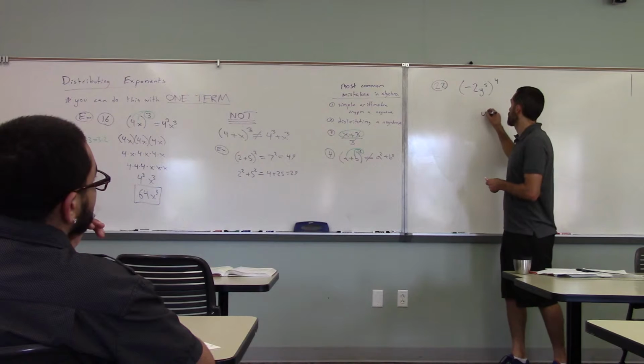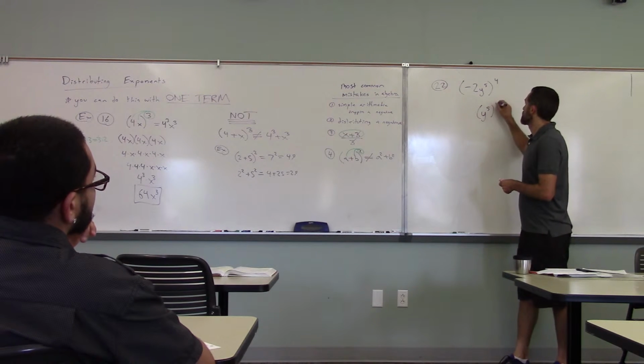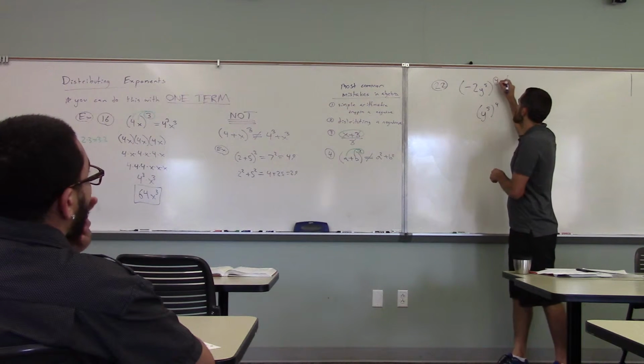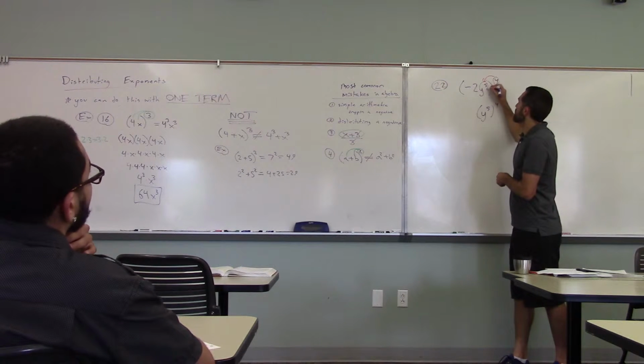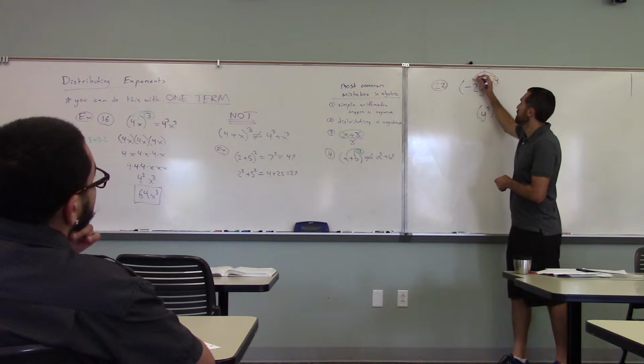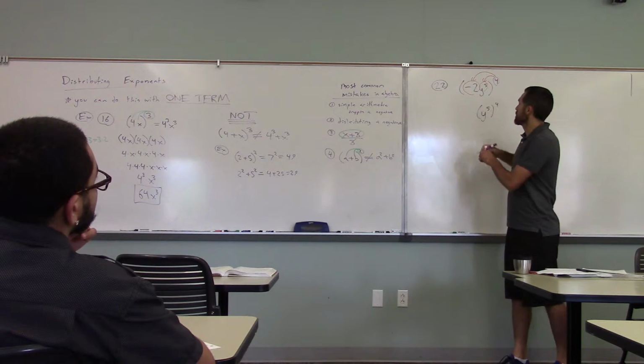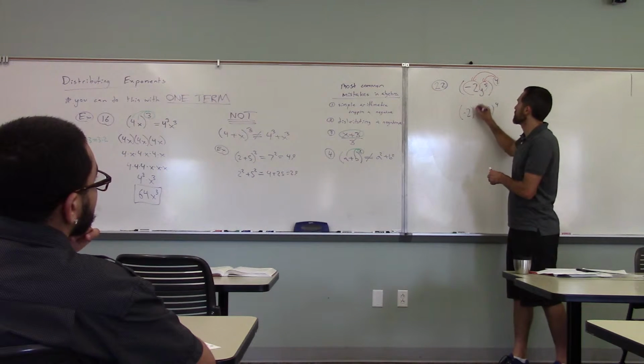So it'd be y to the fifth raised to the fourth power, because you could distribute this into the y to the fifth, but you'd also distribute it into the negative 2, so we'd have negative 2 to the fourth.